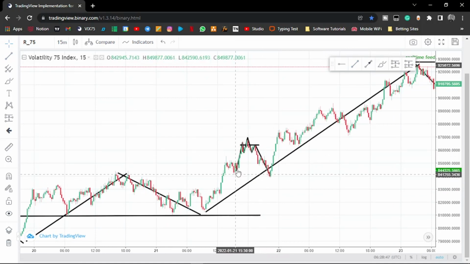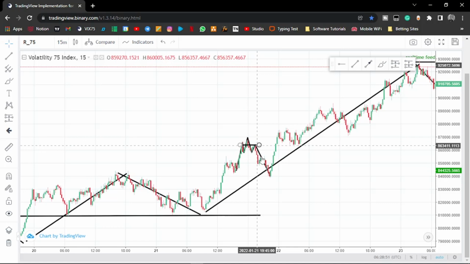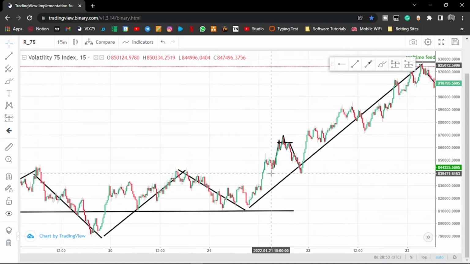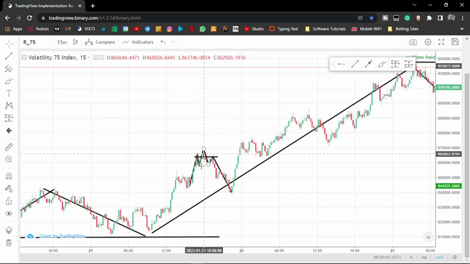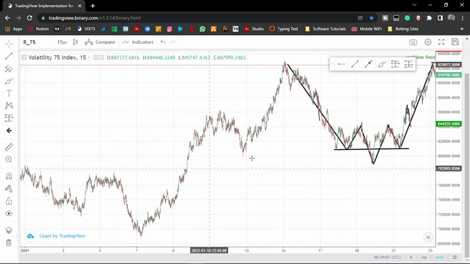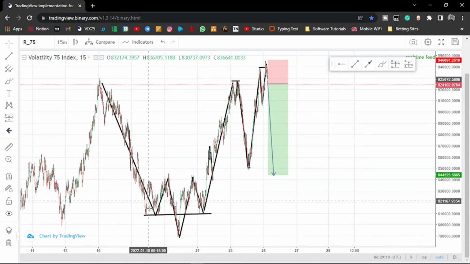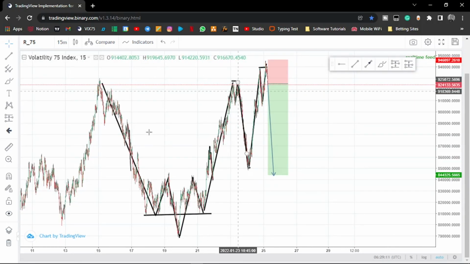So you can see we have an uptrend, left shoulder, head, right shoulder, then downtrend. And the smaller pattern is associated with smaller trends. The bigger patterns are associated with bigger trends.